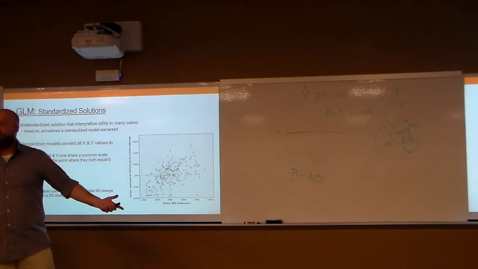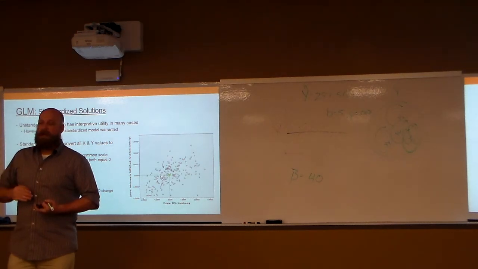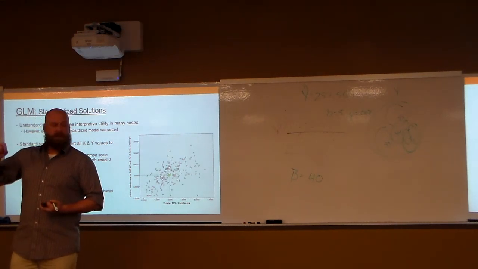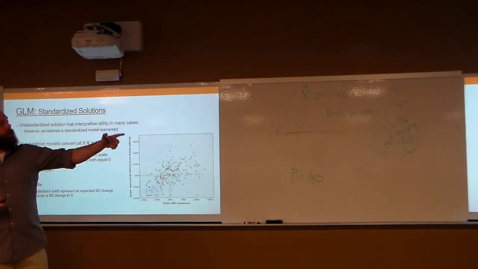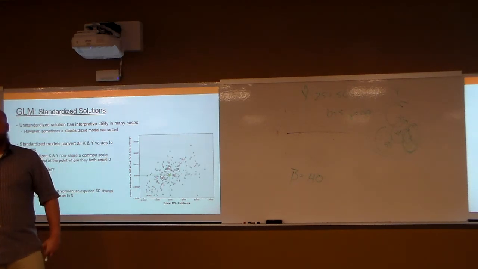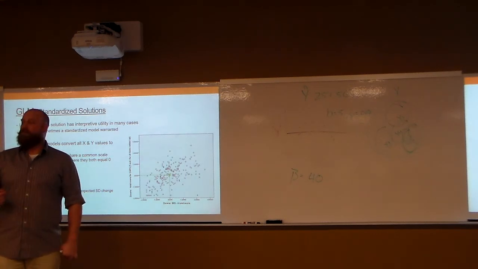That's pretty sizable. And the problem when we're thinking in terms of practical impact is that it's sometimes hard given the original scale of our predictors, because our regression model is always going to tell us the expected change in y given a unit change in x. But a unit change in x might not be anything reasonable or interesting for me.